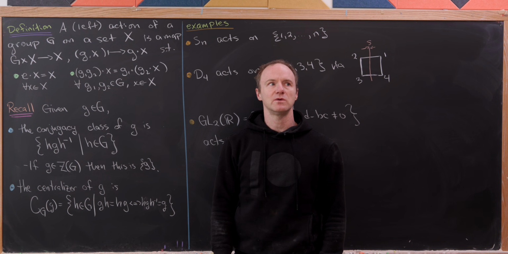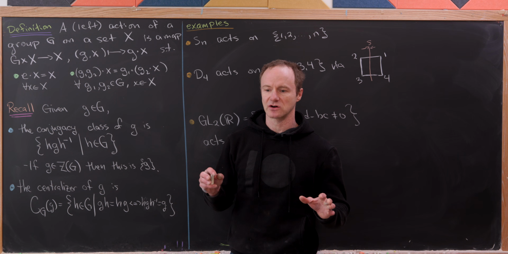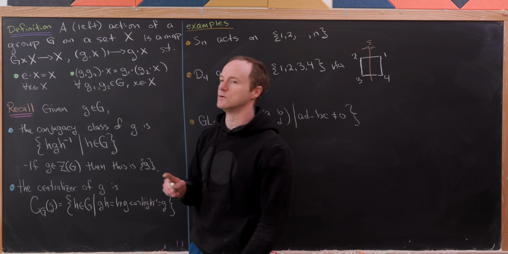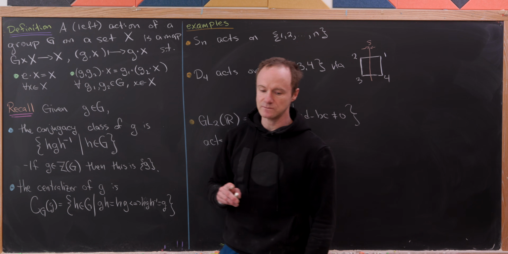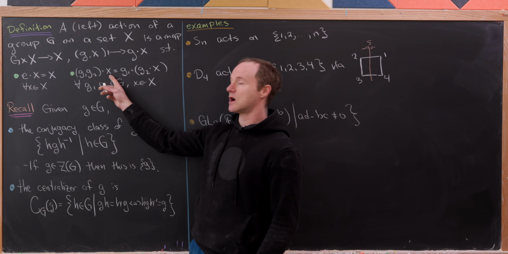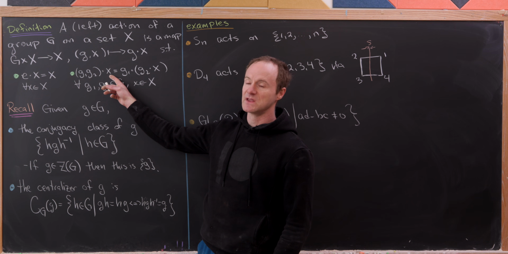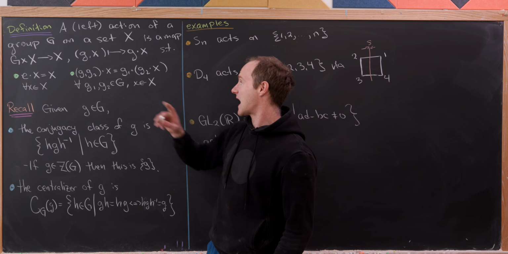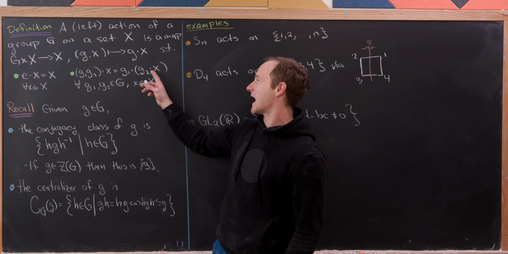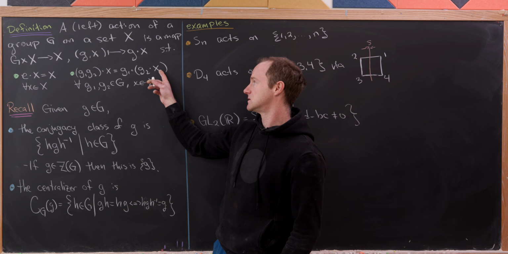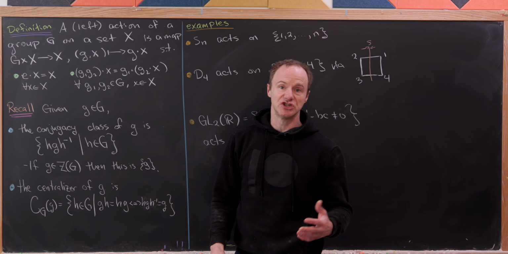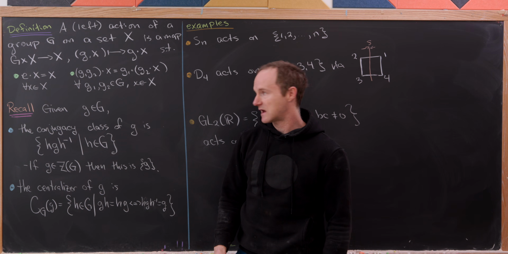And then we should also have this preserve the group operation. What I mean by that is if we take two elements from the group, we'll call them g1 and g2, and we first combine them and then act on an element from the set, that should be the same thing as taking the element g2 on the right, acting on the element of the set, and then after that, acting by the element g1, again from the left.